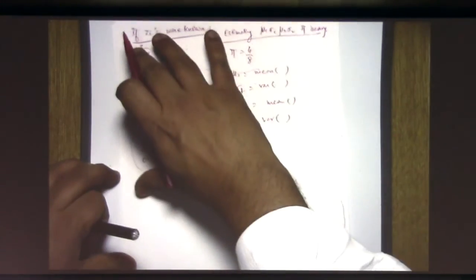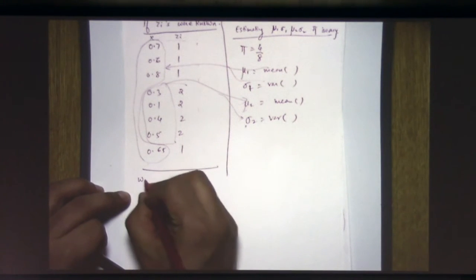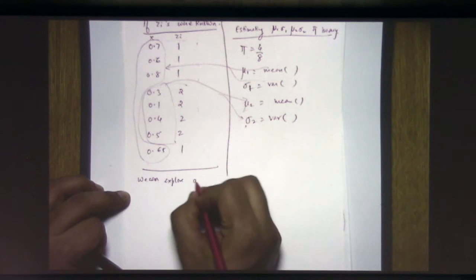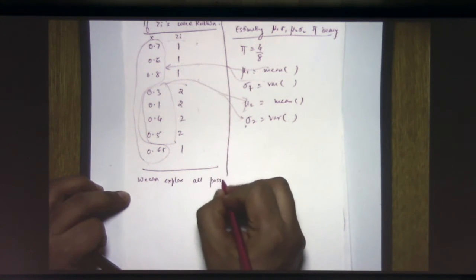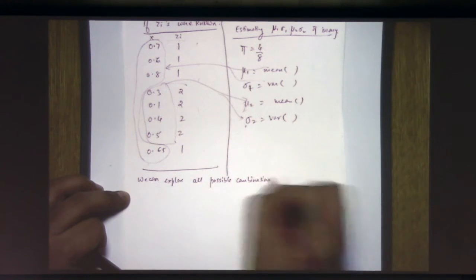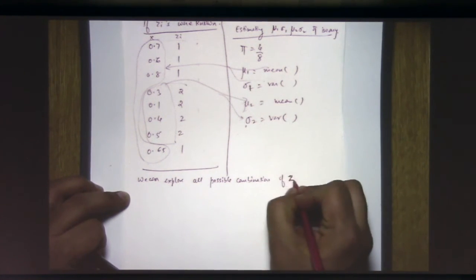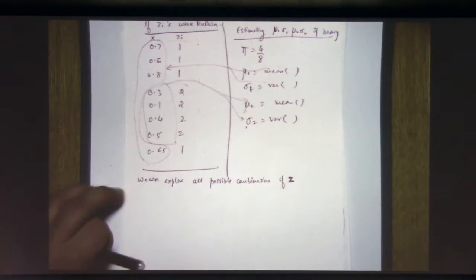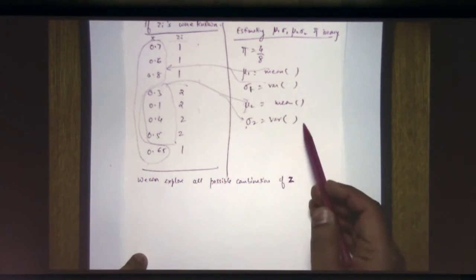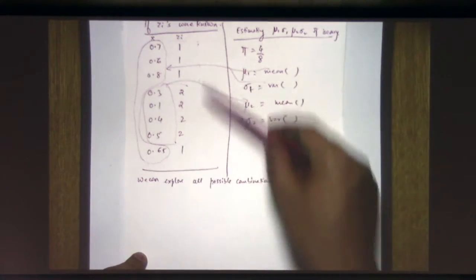So we can explore all possible combinations of z. The z is just a vector, all of these z. And then for each value, we can compute these, and then we can compute the likelihood of this data set.